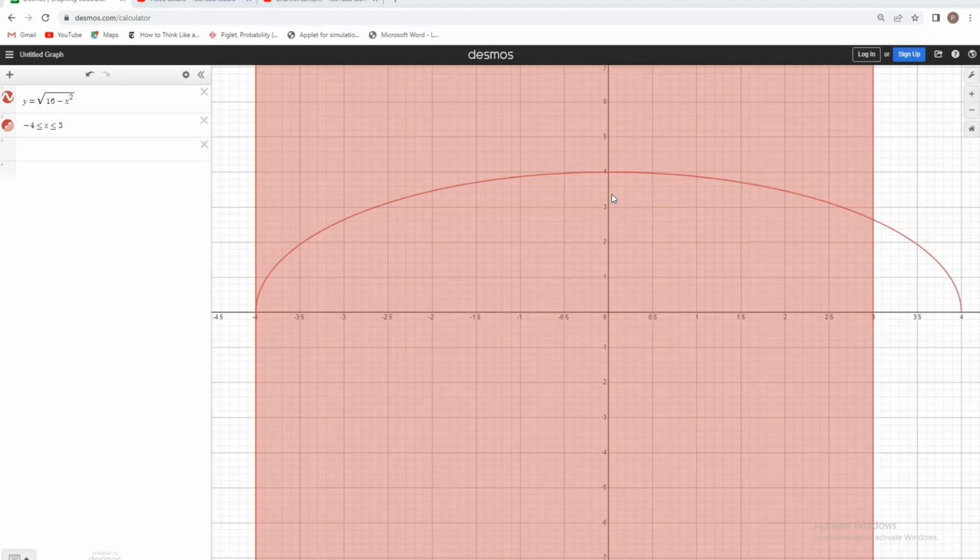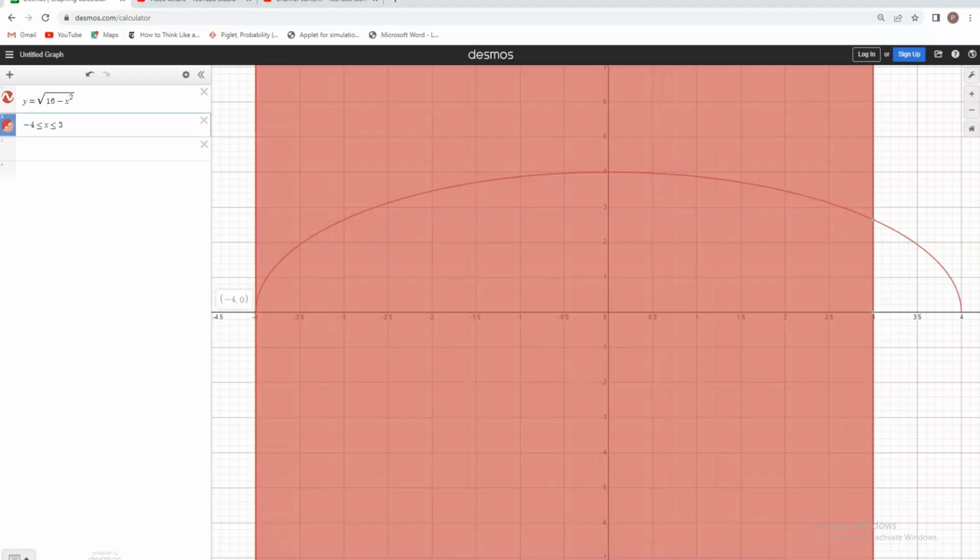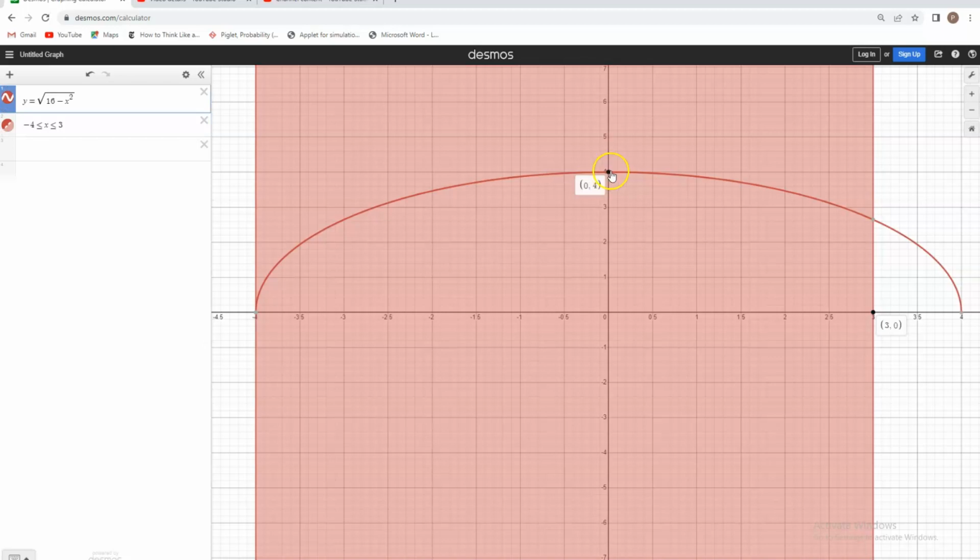And our domain is -4 to +3, so it's between these two vertical lines. The absolute maximum that we have here is (0, 4). The absolute minimum that we have based on our domain is (-4, 0).